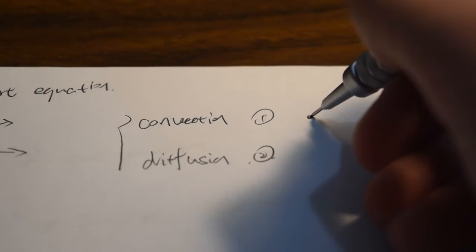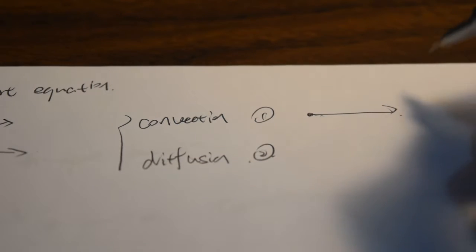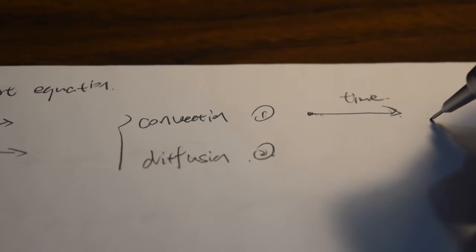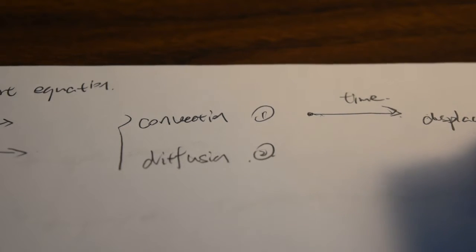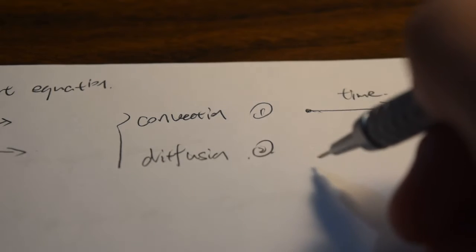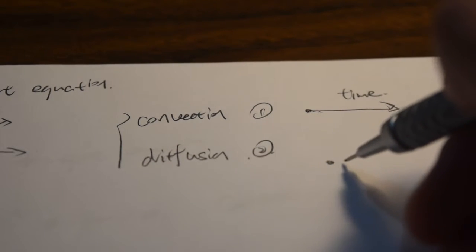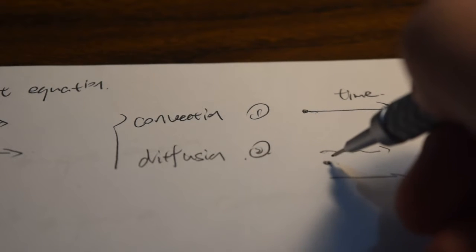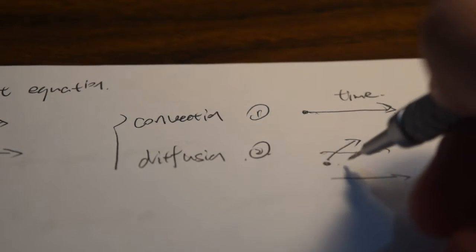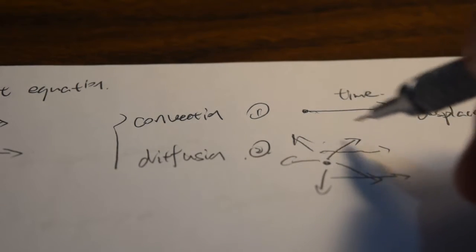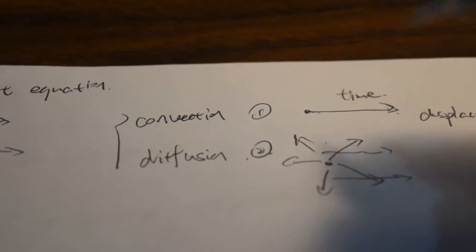Convection is just movement by time and some displacement, and diffusion is when the scalar quantity moved by the flow changes in concentration, like it will diffuse around.